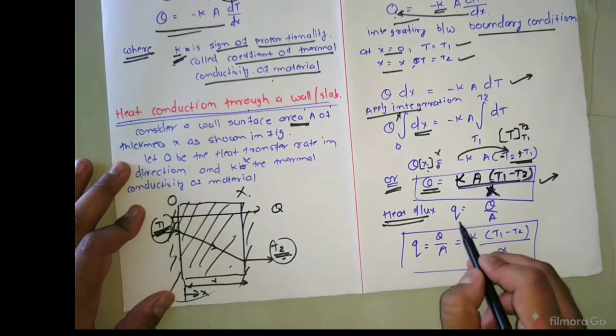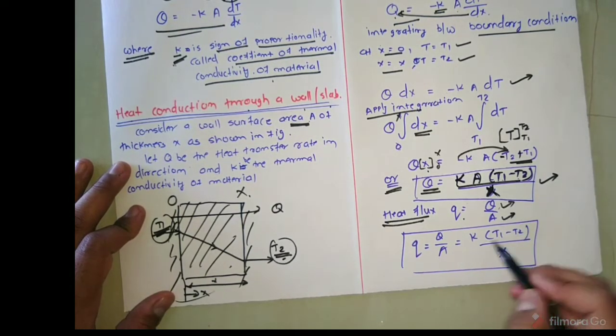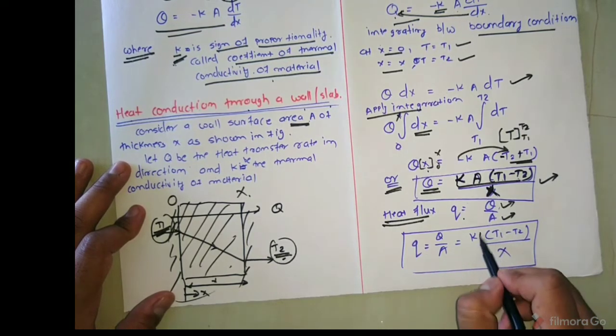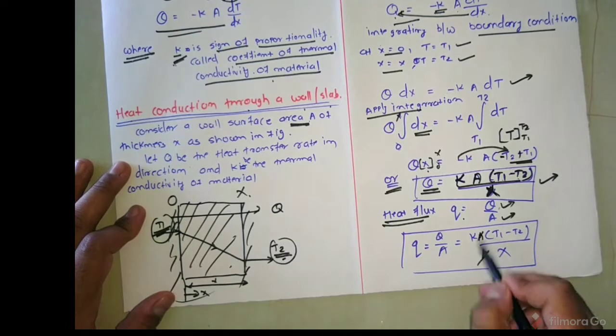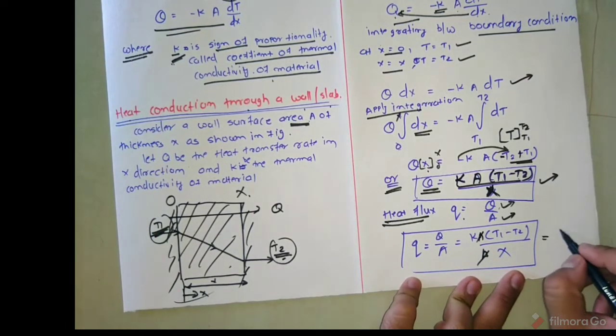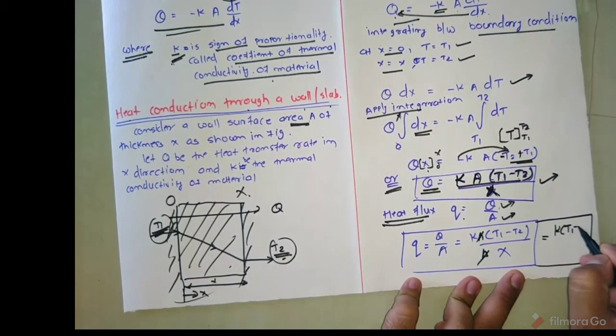And what is heat flux? Heat flux is nothing but the heat transfer rate divided by area. When we rearrange this equation, the area gets cancelled and the final expression for the heat flux is K (T1 minus T2) divided by x.